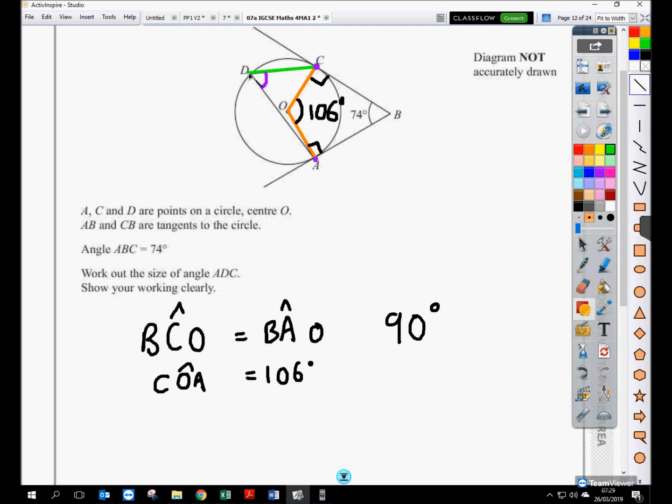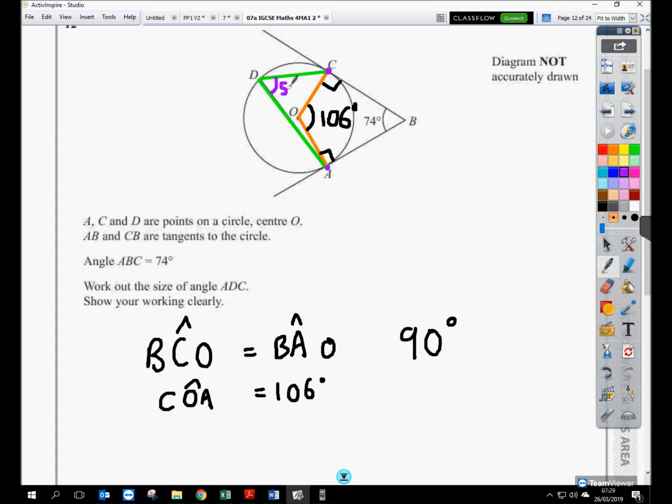We can also start at C and A and go to a point on the circumference of the circle, which is at D. Then you can see we have an angle at the center and an angle at the circumference, which means this angle must be half the angle at the center. Angle at the center is twice the angle at the circumference. The angle ADC must be 53. That's the answer to the question.